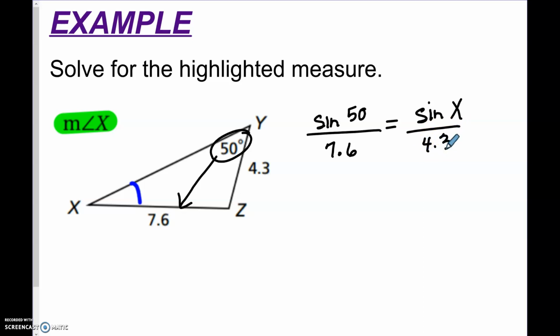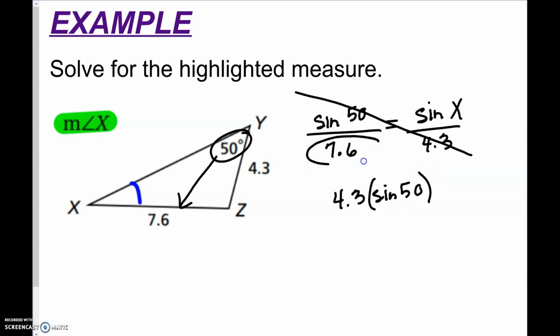We're going to have to cross multiply here. So we're going to take 4.3 times the sine of 50, and then you always divide by the one you don't know. So we're going to divide by 7.6.